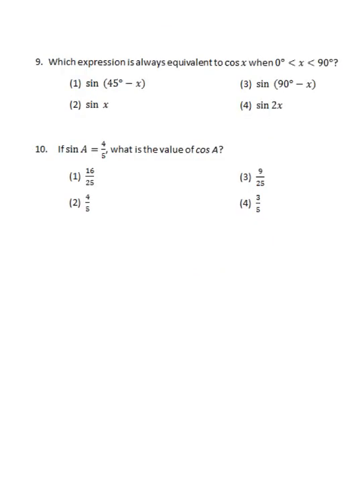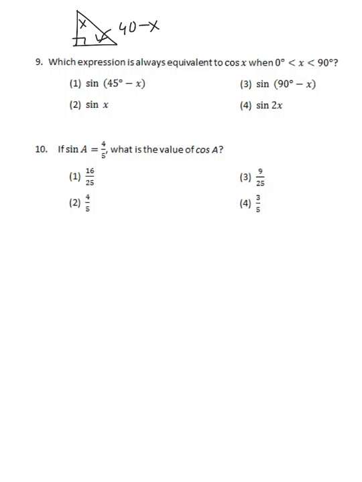Which expression is always equivalent to cosine of x when you have an angle that's in between 0 and 90 degrees? Okay, so we know that angle measures have to be complementary in a right triangle, right? So if we have x here, then this one has to be 90 minus x.